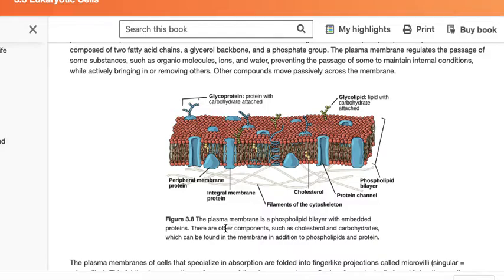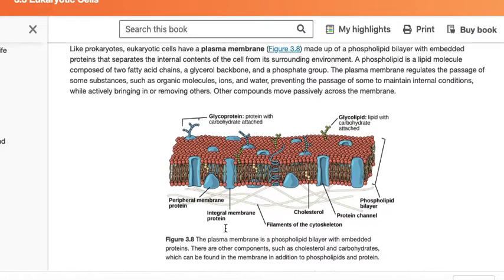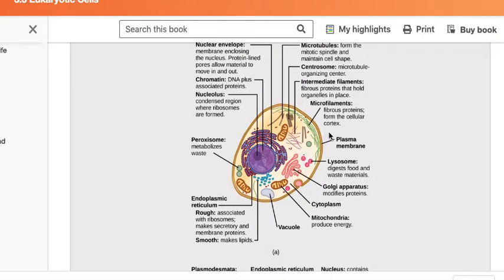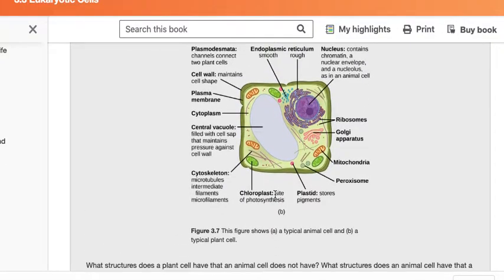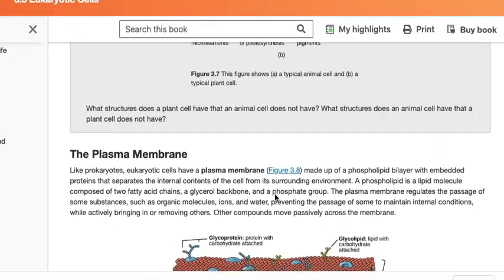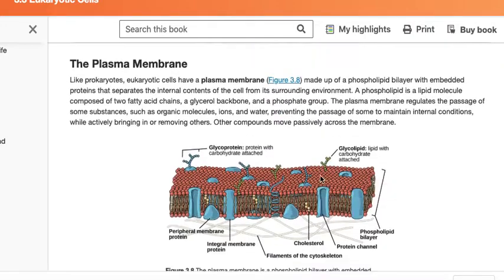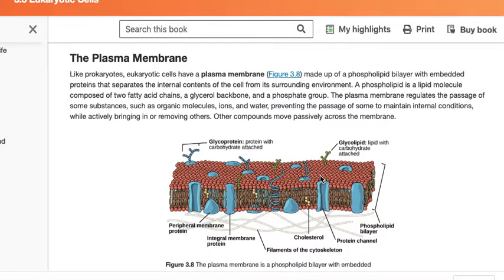Okay, so inside of each cell, there is a plasma membrane that surrounds the outside of the cell. And here it is right here on the plant cell. So the plasma membrane is made up of this double layer. You can see that this outside layer is the same as this inside layer.